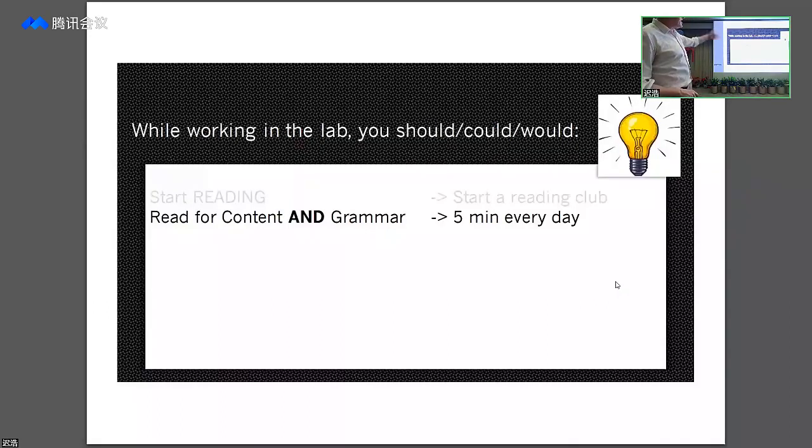So, my suggestion, while you are still working in the lab, is to start reading. Open a reading club. Students from your lab who have listened to this seminar, please get together, choose a paper that you all like, and then start reading through it.